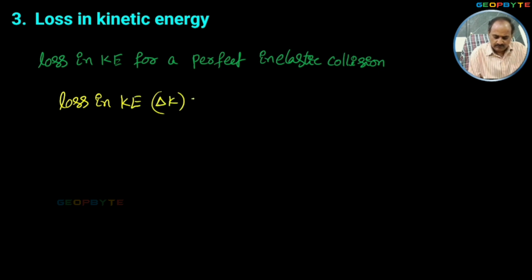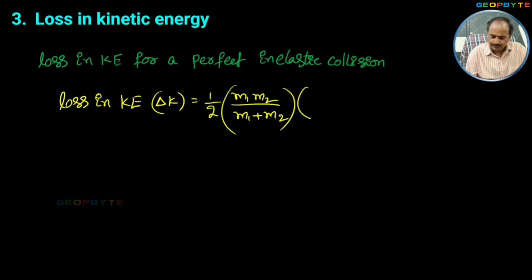Delta K equals, if you remember, half into m1 m2 by m1 plus m2 into u1 minus u2 whole square.